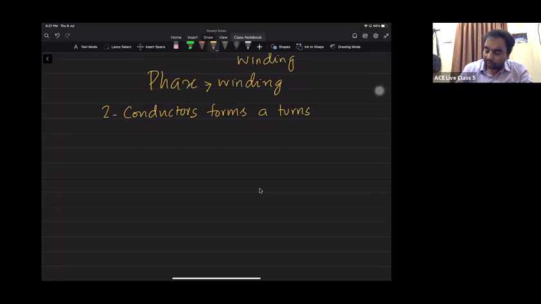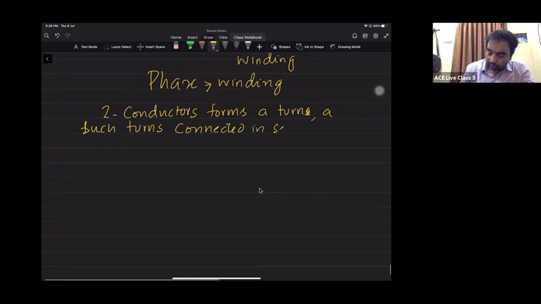Two conductors form a turn, and such turns connected in series form a coil.